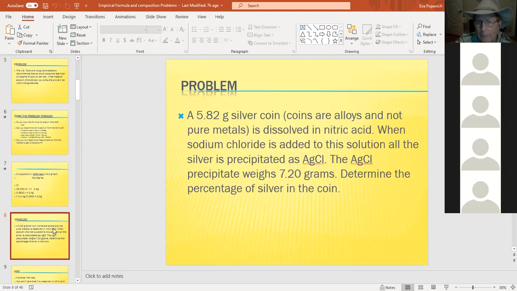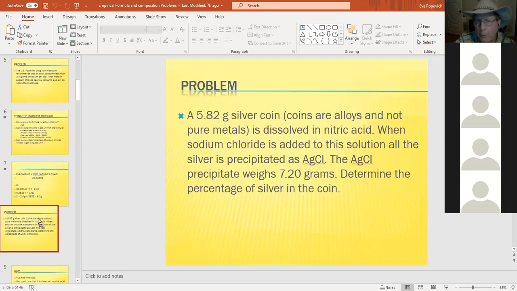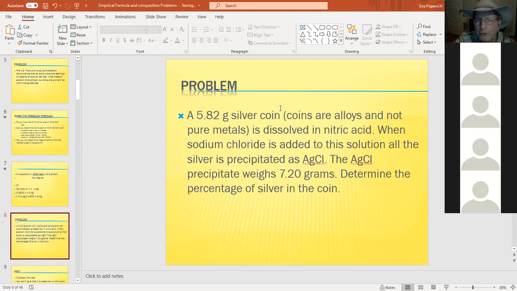Okay. We got the weight of the precipitate. So I feel like you'd have to do something with that. Remember, where did the silver and the silver chloride come from? It came from the coin, right? Mm-hmm.